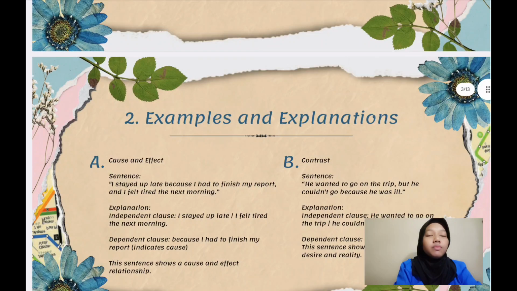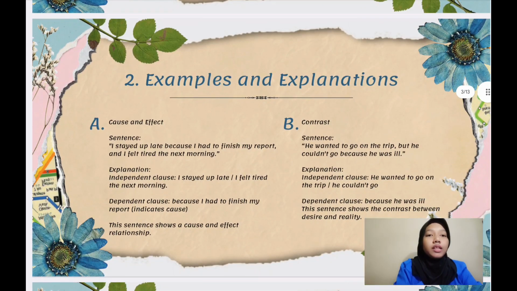For example, I stayed up late because I had to finish my report and I failed to class the next morning. Here there are two independent clauses: I stayed up late and I failed to class the next morning, plus one dependent clause: because I had to finish my report.